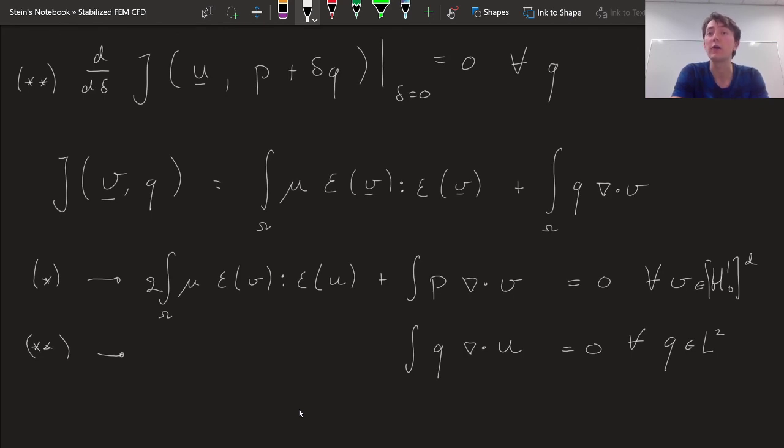In fluid mechanics, U is a velocity field, whereas in solid mechanics U is a displacement field. Probably underline again that these are vector fields. So it's the same partial differential equation, but it has a different meaning in both these fields, but we can also derive it from the same perspective.